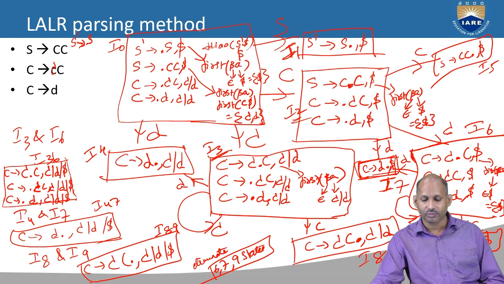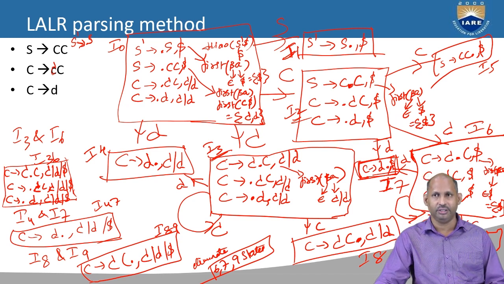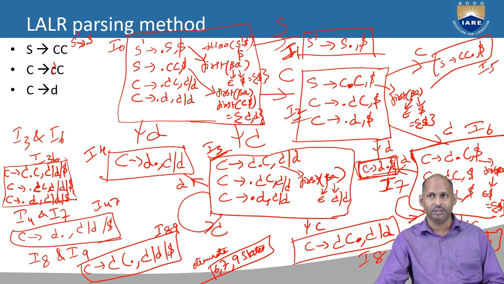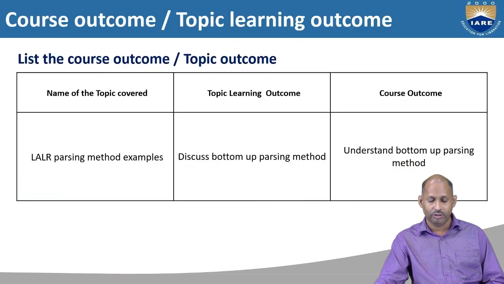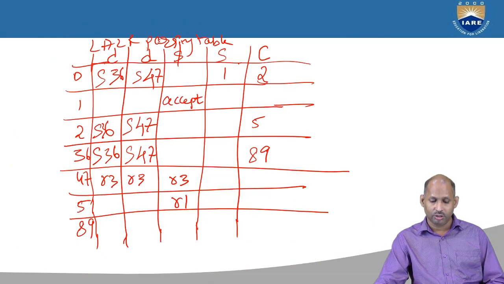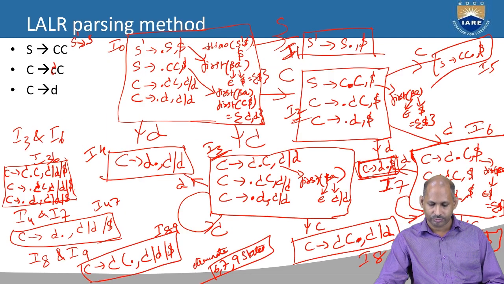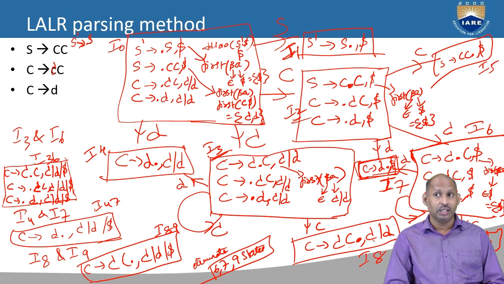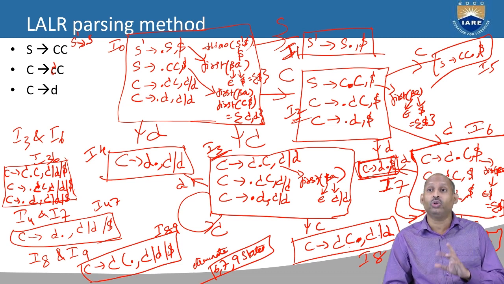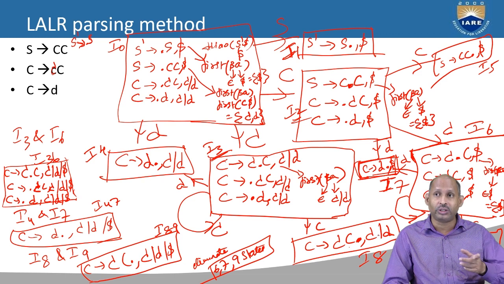Then I8, dot at the end. What is the production number? 2. Second production. 8 and 9 both are combined, so the lookahead symbols are C, D, dollar. Right?